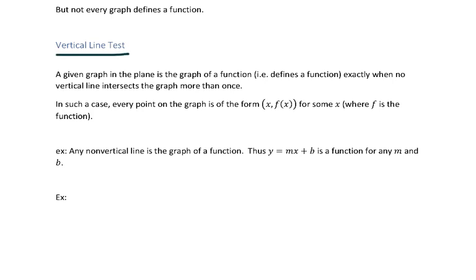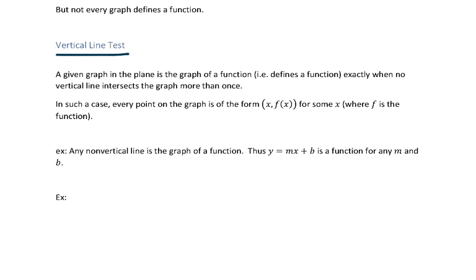Basically, if you have a graph in the plane, it is the graph of a function, or you can think of it as defining a function, exactly when no vertical line intersects the graph more than once. Another way of saying that is every vertical line will intersect the graph either not at all or at most once.